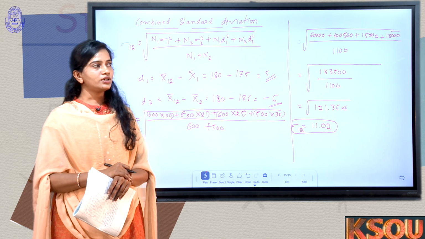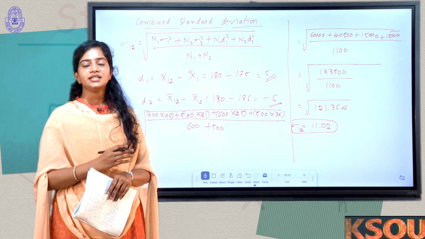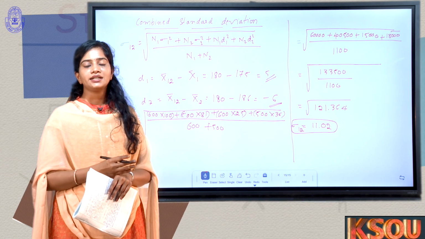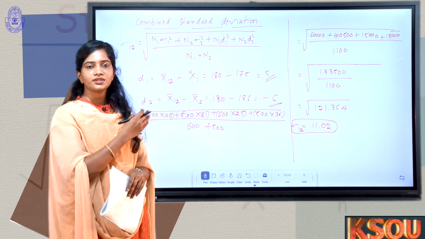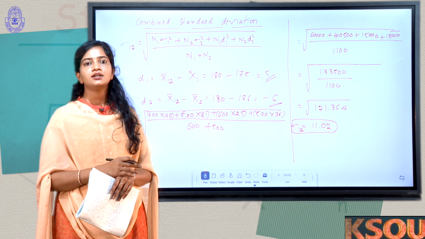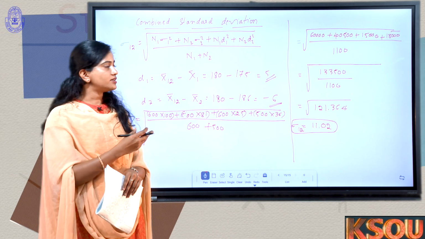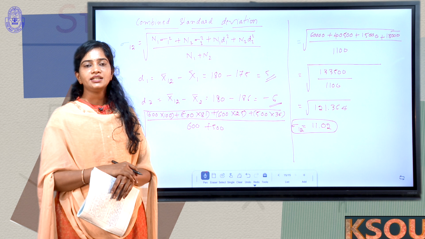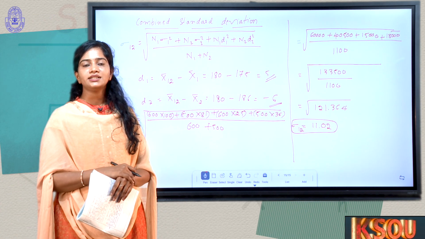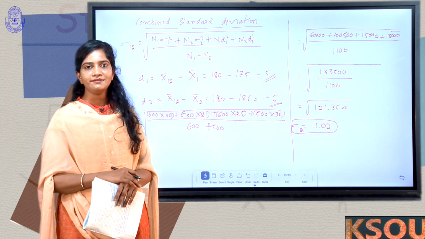But when you compare with the previous measures of dispersion, it is very difficult to calculate and analyze, but you can use these values for further mathematical treatment. Then if you take standard deviation, it is very easy to compare the variation among the variables. So this is regarding the standard deviation.